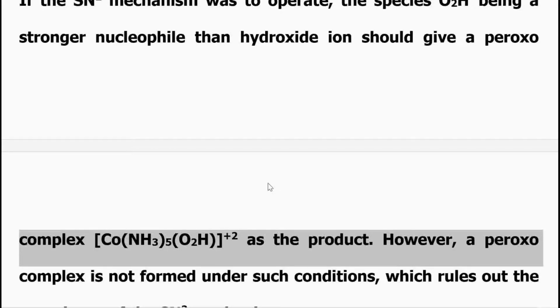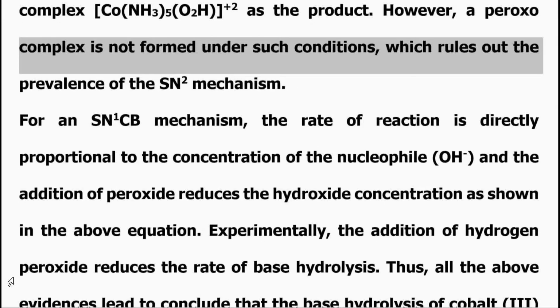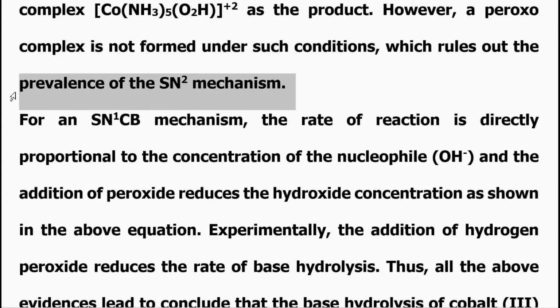Now, HO2 minus is a stronger nucleophile than OH minus. So, instead of OH minus, you should get a product with this ligand, HO2 minus, as the product. However, it has been observed that a peroxo complex is not formed under such conditions, and therefore we can say that the SN2 mechanism is not followed in the base hydrolysis.